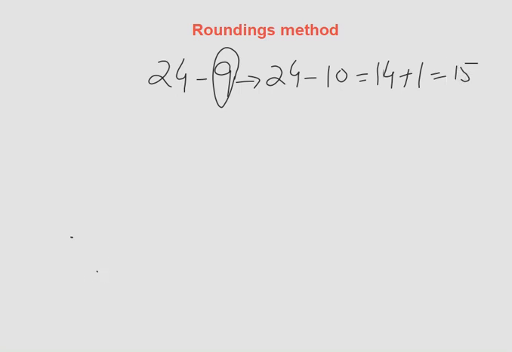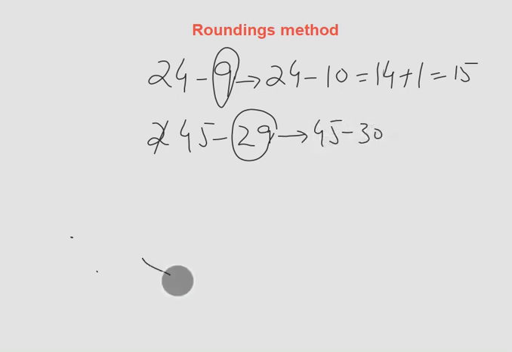Similarly, another example: 45 minus 29. We will convert this 29 into the nearest ten, and that is 45 minus 30.